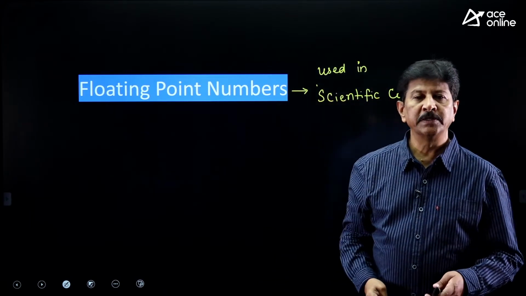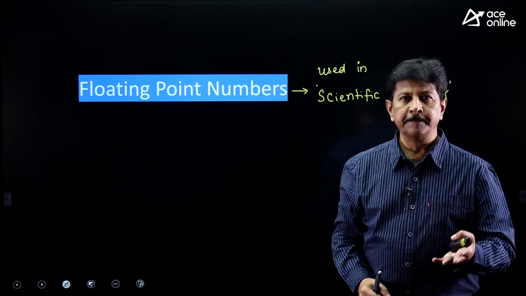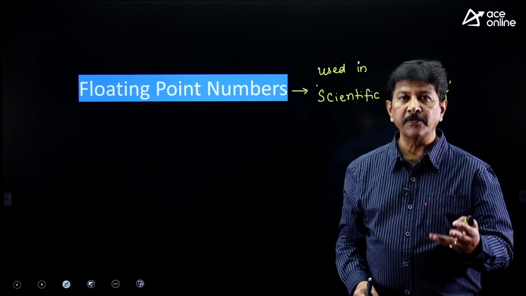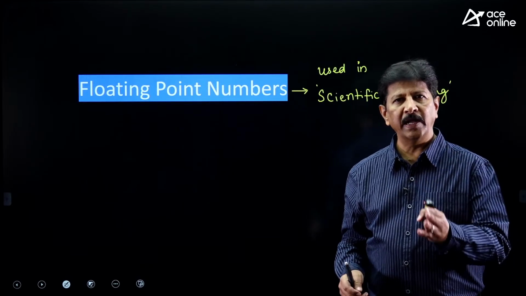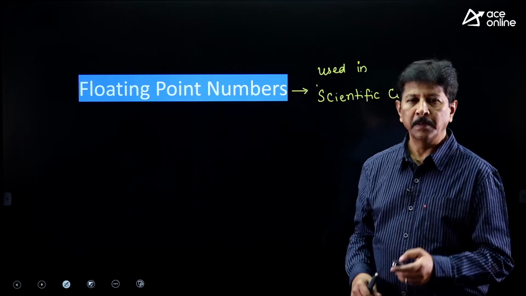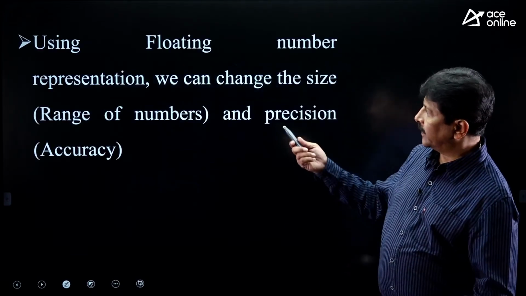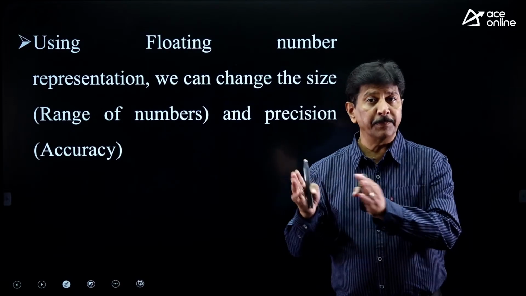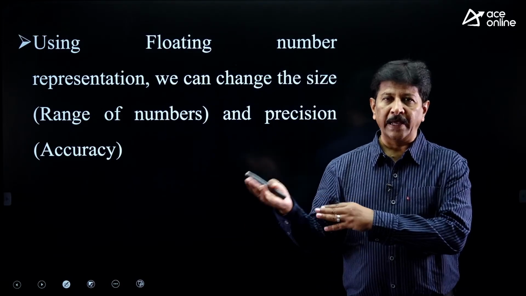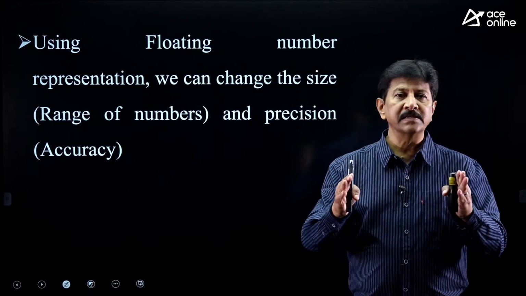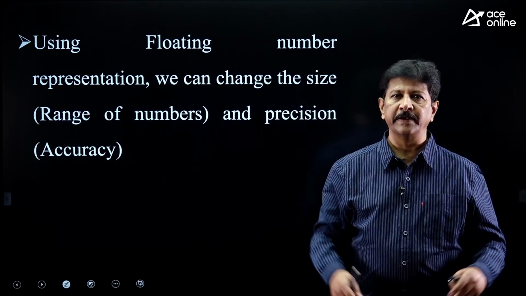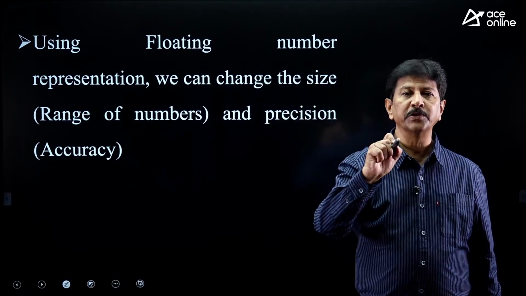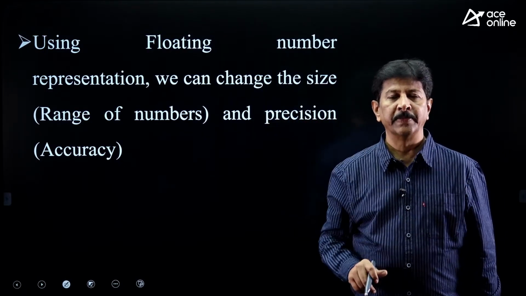So whenever you want to write Avogadro's number, charge of an electron, mass of an atom, we write it in the form of floating point numbers because of this advantage. Using floating point numbers, we can increase the precision, which is also called accuracy, or we can increase the range of numbers represented. That's the reason we prefer floating point numbers compared to fixed point numbers.